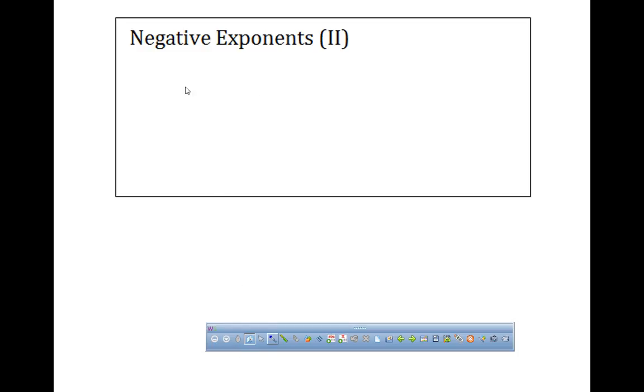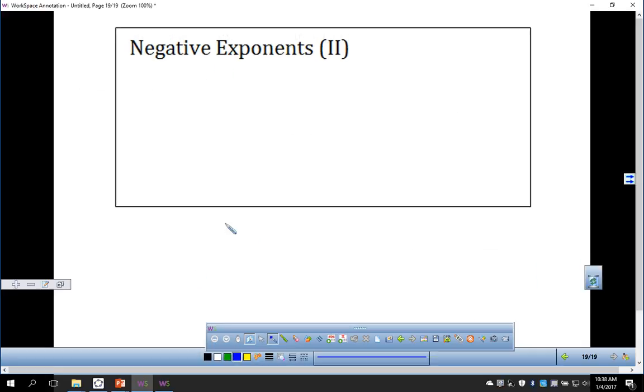Going back. If I have something like this, say for example, another little example. Say I have 3 to the negative 3 over x to the negative 4. I just want to show you this, and this is the last rule. This can be written as 1 over 3 to the 3 times 1 over x to the 4, as a double fraction like that.